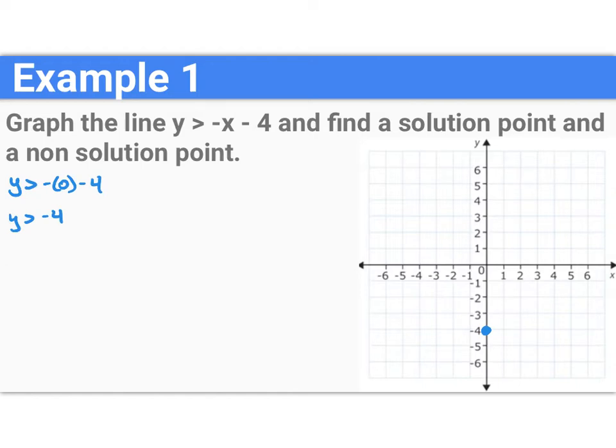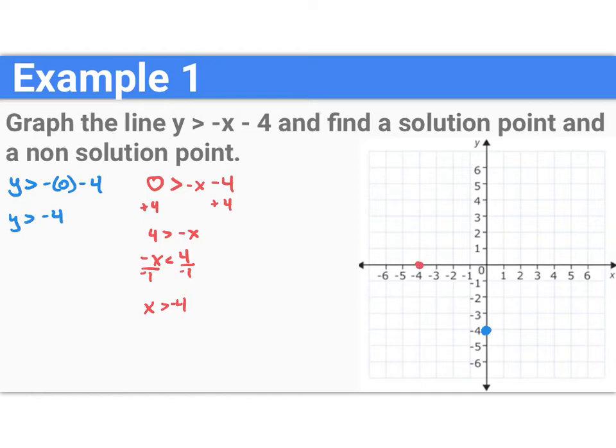All right, so for the x-intercept, you put 0 in for y, negative x minus 4. We add 4 to both sides. We get 4 is greater than negative x. I flip things around and keep the variable on the right. Divide by negative 1. x is greater than negative 4.